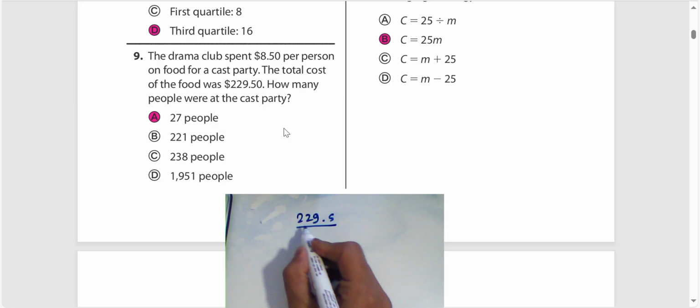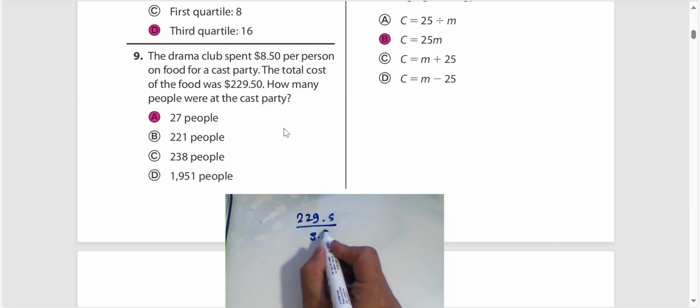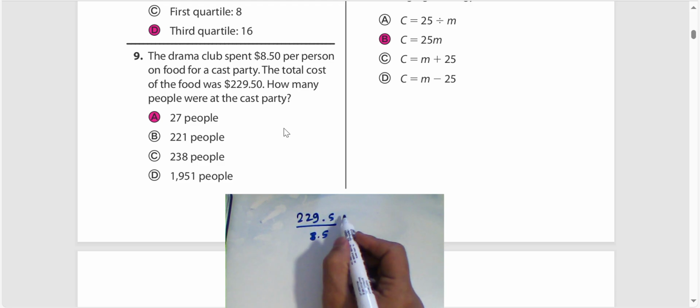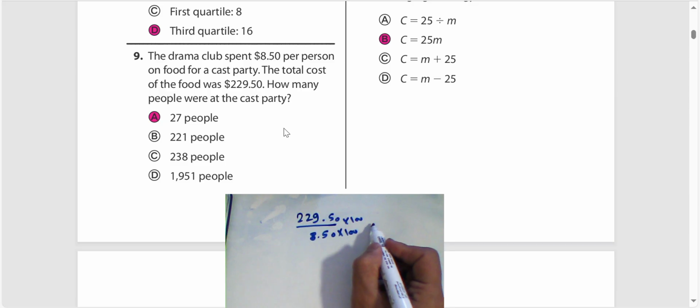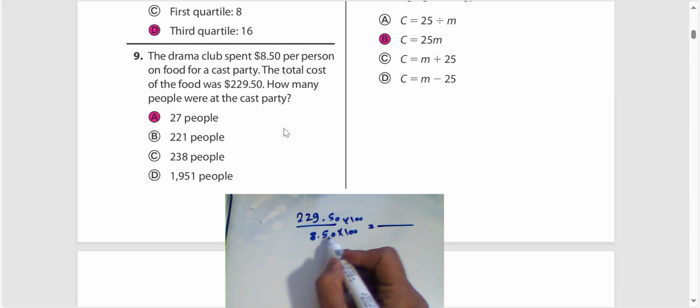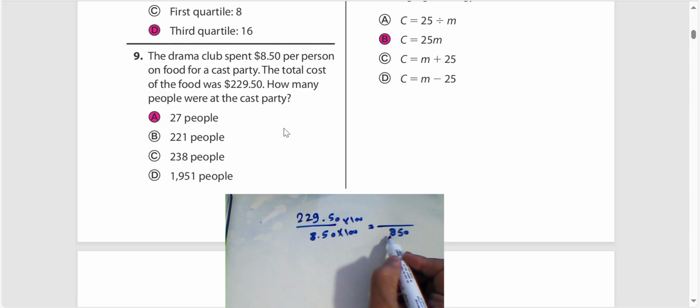229.5 divided by 8.5. Okay, we have decimals here, so we can multiply by 100 the numerator and the divisor to cancel the point in the divisor. In the result here we have 850, and here 22,950.